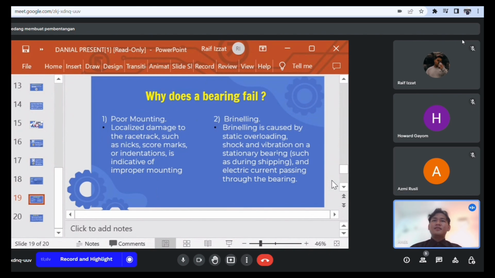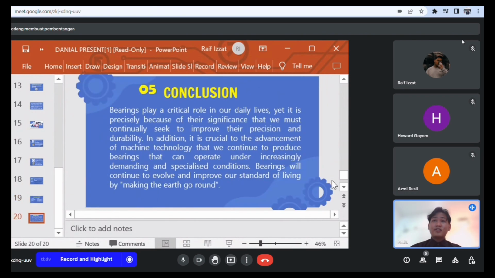The last one, I will talk about the conclusion on bearings. Bearings play a critical role in our daily life. Yet it is precisely because of their significance that we must continually seek to improve their precision and duration.